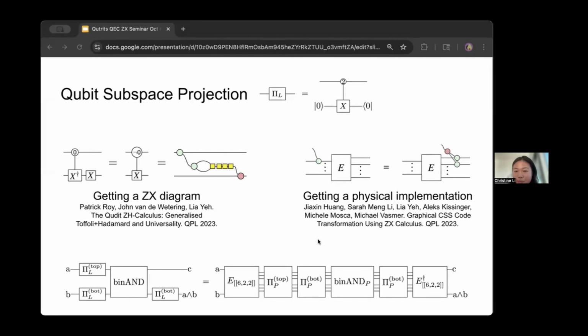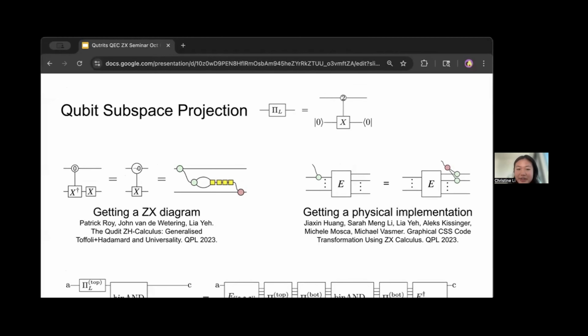We can use this gadget at the top here to check for when a logical qutrit is in the Ket2 subspace, and we can combine this with the code to get a way to do error corrected computation emulating qubits using qutrits.